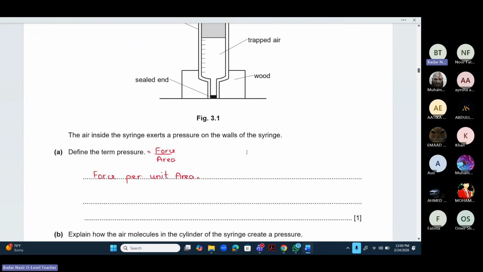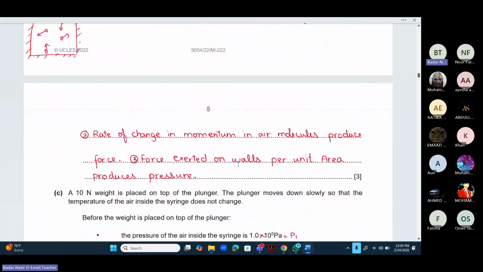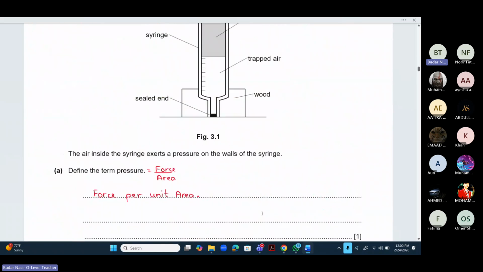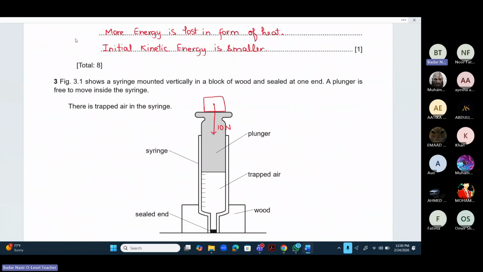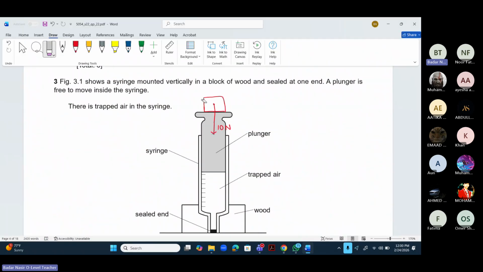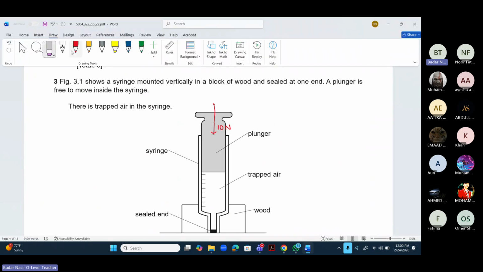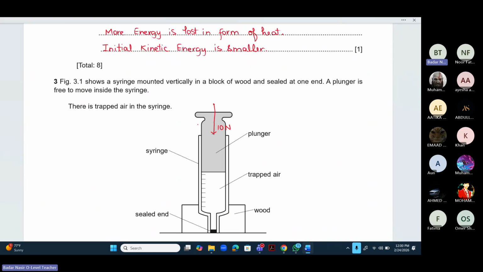Okay. Now he is saying that the cross-sectional area of the plunger is 1.2 times 10 की power minus 4. और ये जो प्लंजर का टॉप है इसका क्रॉस सेक्शनल एरिया उसने हमें बताया हुआ है. तो हमें फोर्स भी पता है और हमें एरिया भी पता है.